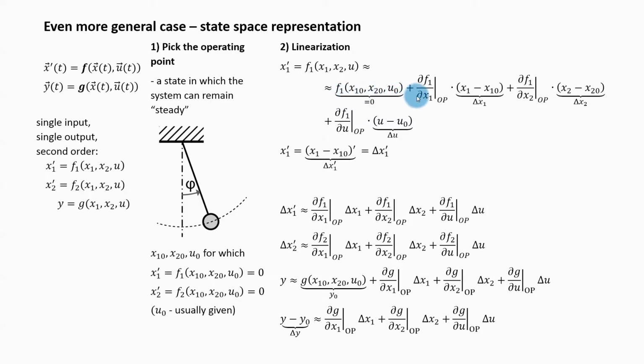The first order term will be given as the derivative of the f1 with respect to x1 at the operating point times the deviation of x1 from the respective coordinate of the operating point, plus the derivative of f1 with respect to x2 at the operating point times the deviation of x2 from the respective coordinate of the operating point, plus the derivative of f1 with respect to u at the operating point times the deviation of u from the respective coordinate of the operating point.